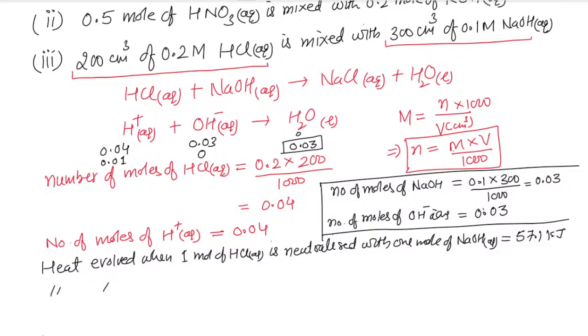So heat evolved when 0.03 mole of HCl is neutralized with 0.03 mole of sodium hydroxide is equal to 0.03 into 57.1. So the value comes out to be 1.71 kilojoule.